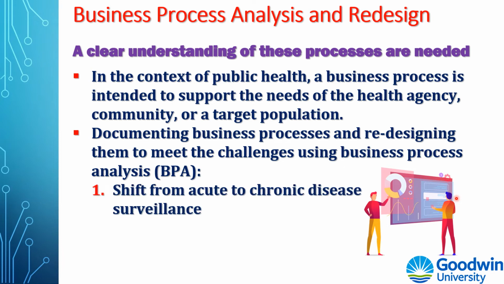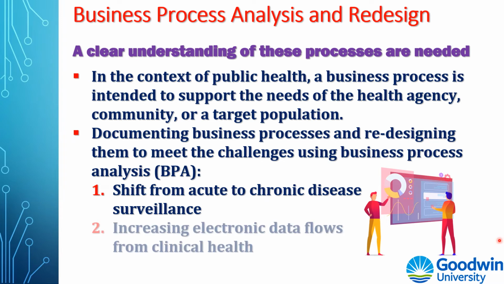So there's a shift in doing this from acute to chronic disease surveillance, because really, what do we want to focus on? This. Chronic disease helps us understand how to better manage resources so we don't get to the acute stage. So we really want to be here. This is really a shift. We want to see that. And we want to increase the flow of electronic data from clinical health.